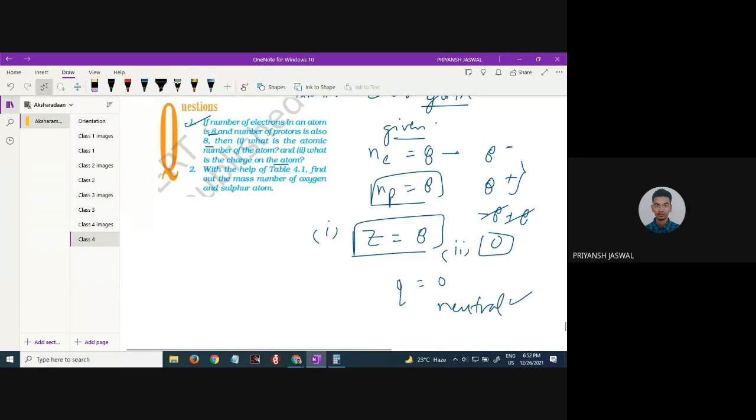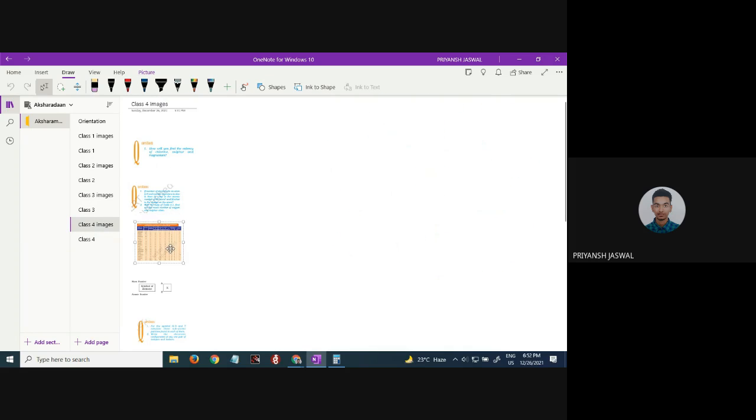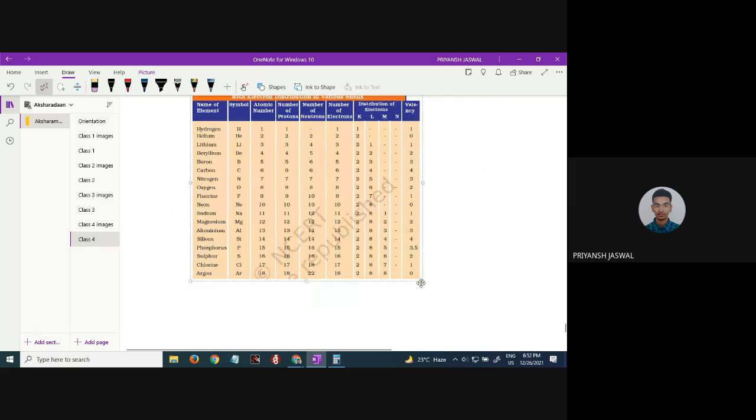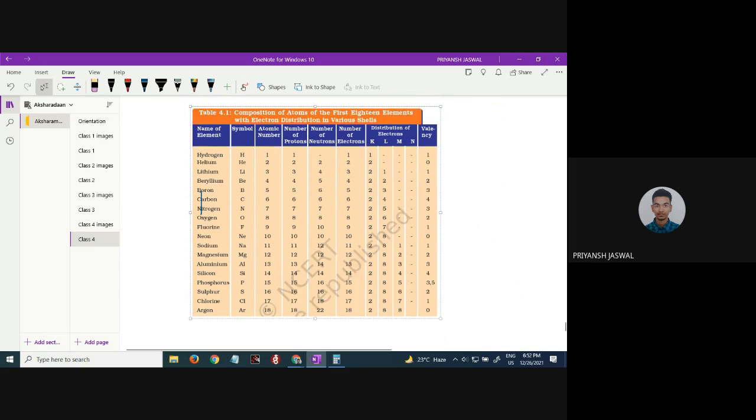Next question. With the help of table 4.1, find the mass number of oxygen and sulfur atoms. So table 4.1 is this one. Mass number of oxygen: oxygen has 8 protons and 8 neutrons.